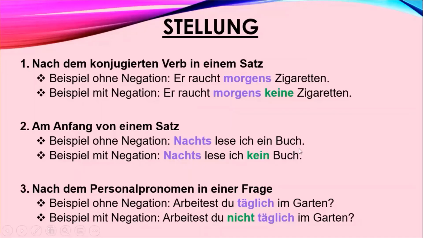So I read a book at nights or in the nights. Beispiel mit Negation, example with negation. Nachts lese ich kein Buch. I do not read a book in the nights.